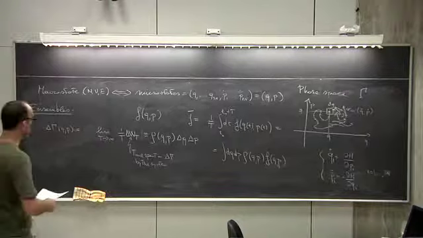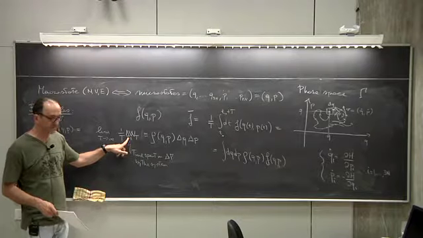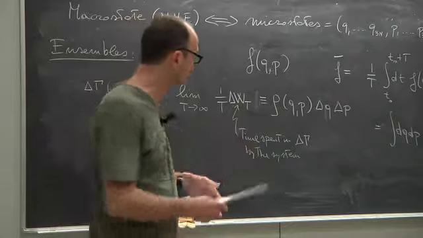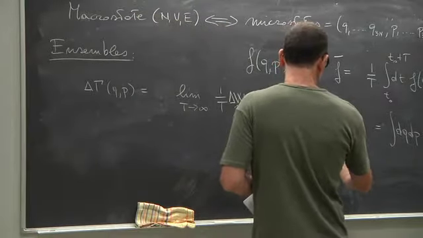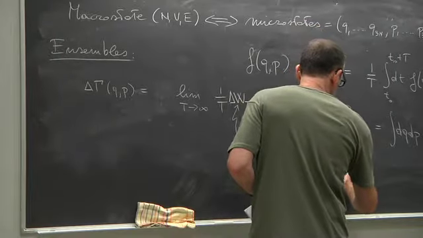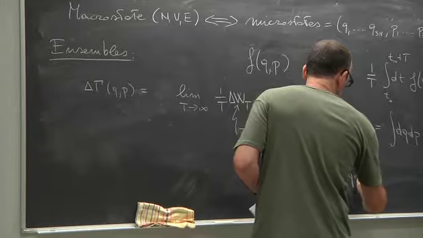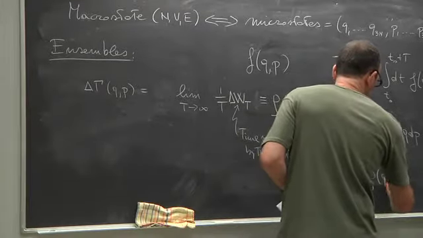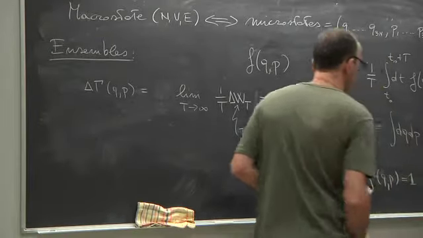Yes, this will be normalized, right? Because the total time spent in all the phase space will be equal to t. So, as you rightly point out, this should have the property that the integral on all the phase space of rho of q and p should be equal to 1.